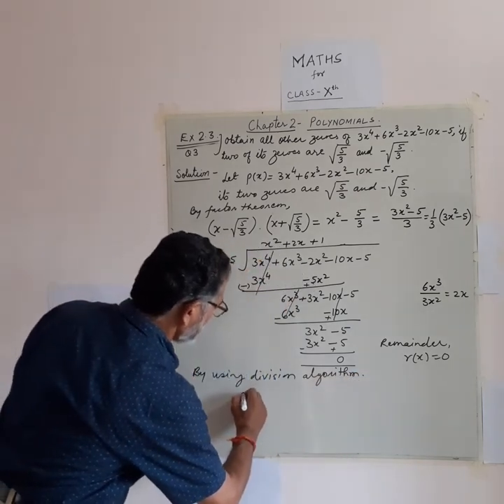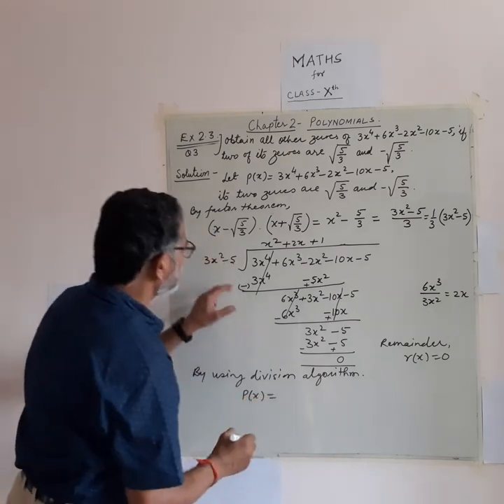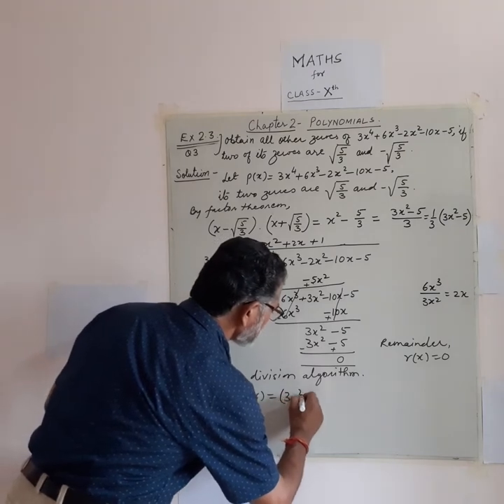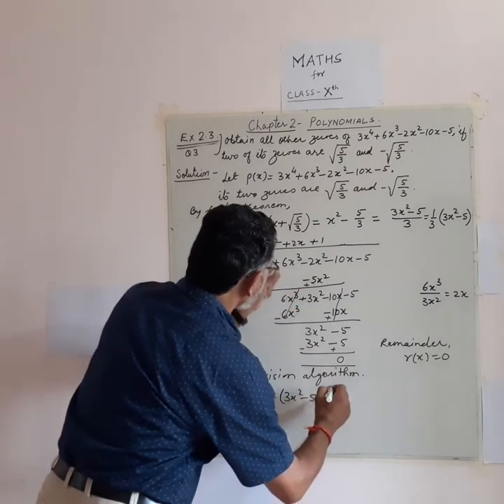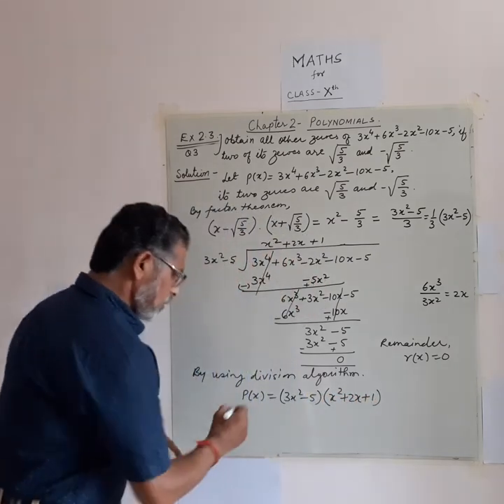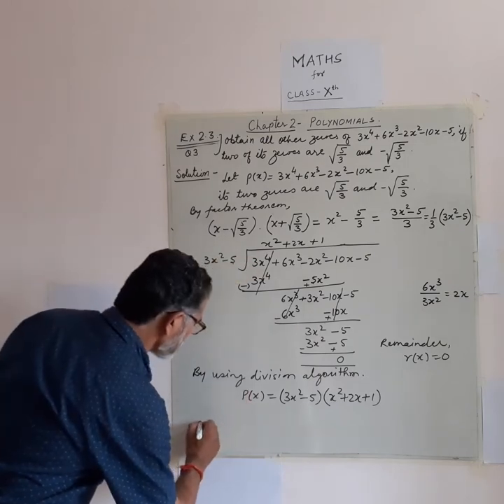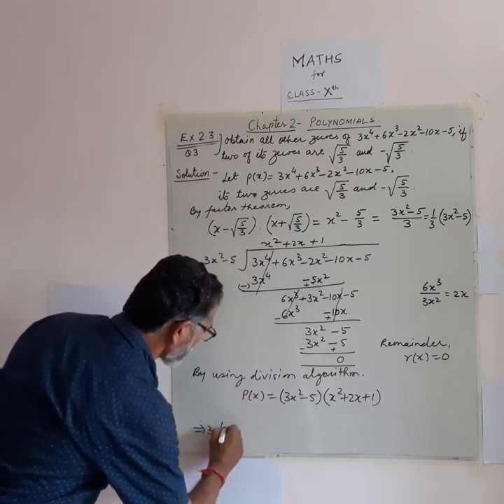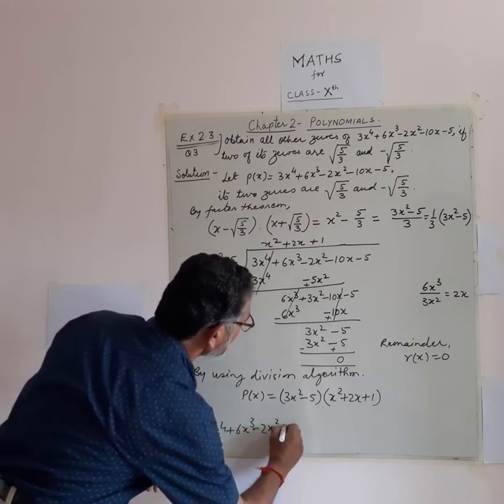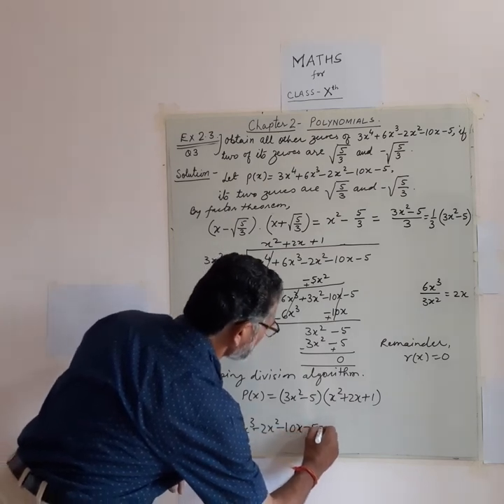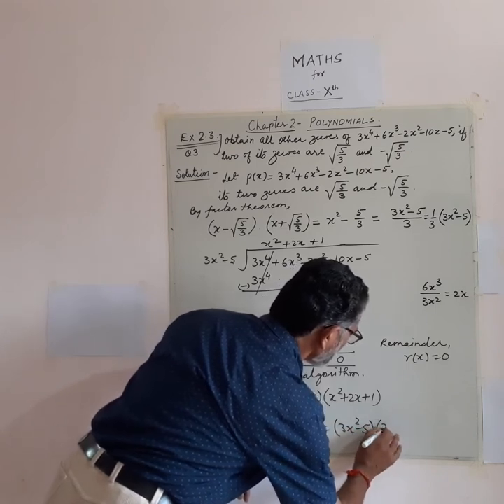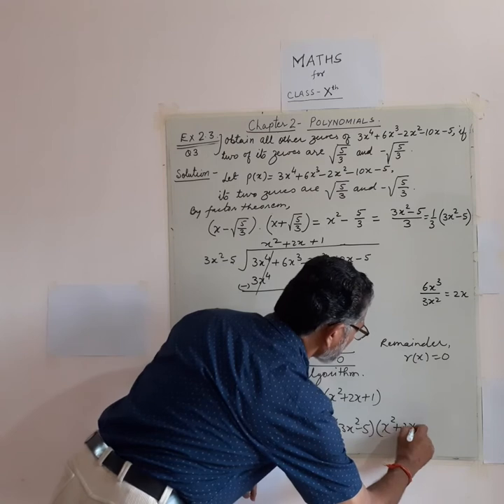Px equals to product of gx into qx, means 3x square minus 5 into x square plus 2x plus 1, or what is Px? 3x raised to the power 4 plus 6x cube minus 2x square minus 10x minus 5 equals to 3x square minus 5 into x square plus 2x plus 1.